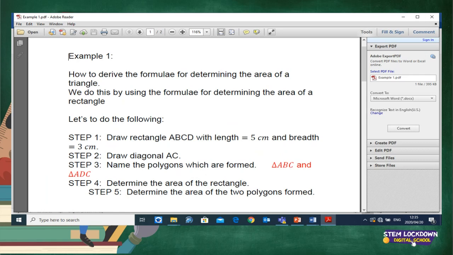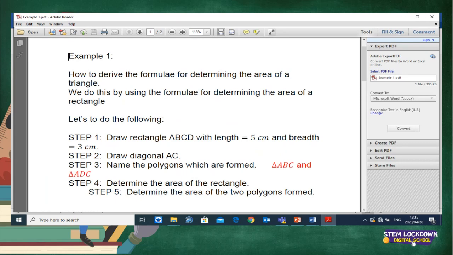Once you have drawn the diagonal, you can now name the polygons which are formed. In this case, you will have 2 equal triangles, triangle ABC and triangle ADC. And of course, you can now determine the area of the rectangle.